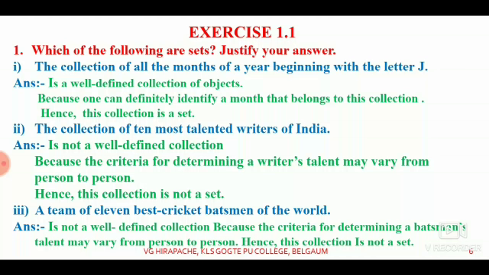That's why this type of collection is not a set. I hope you have understood the examples to determine whether the given collections of objects are sets or not. Moving to the next question.